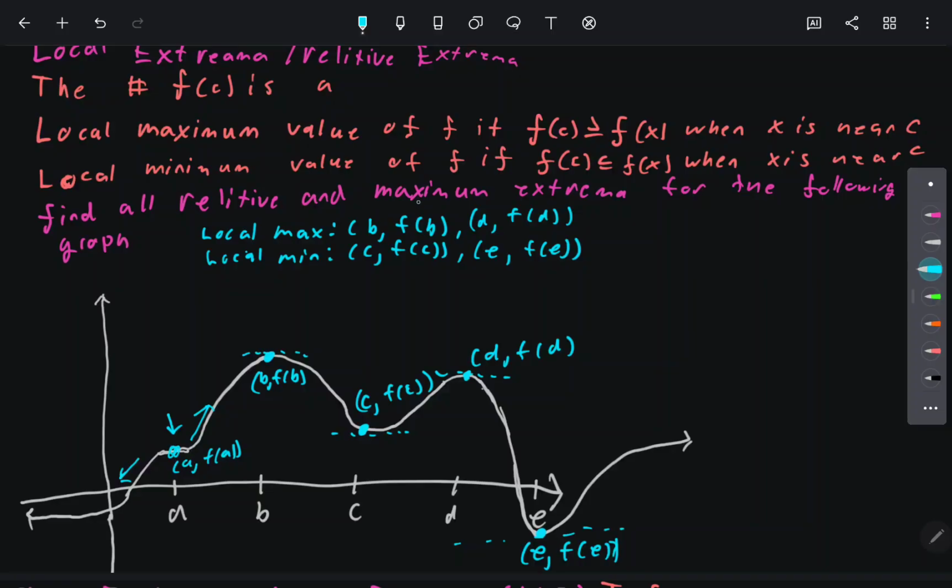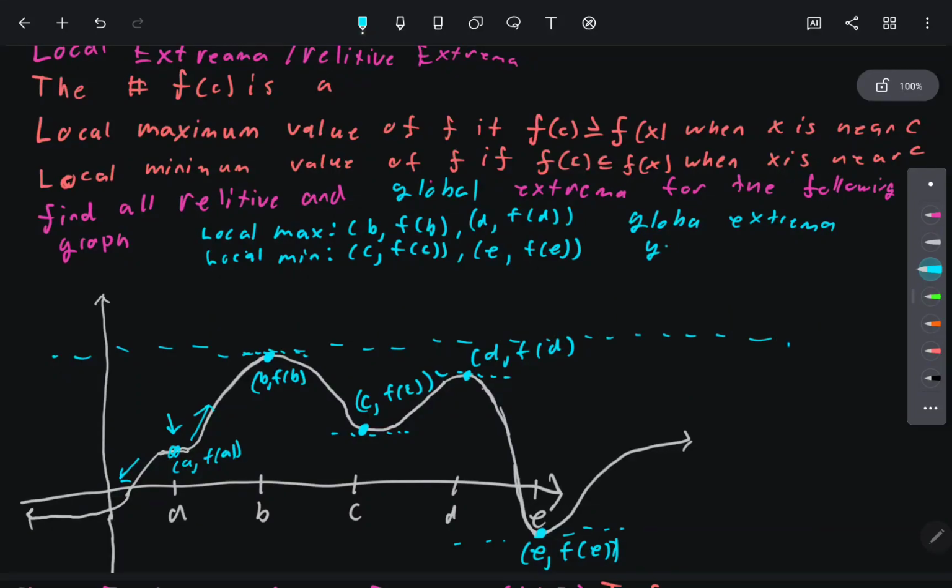I suppose this was supposed to say global, not maximum. I'm sorry. Global. So now for global extrema, we can look at this graph, and we can see here that this value for b, f of b, is greater than the rest of the graph.